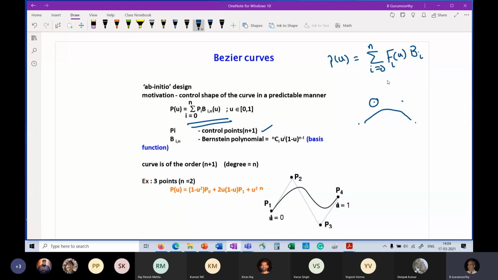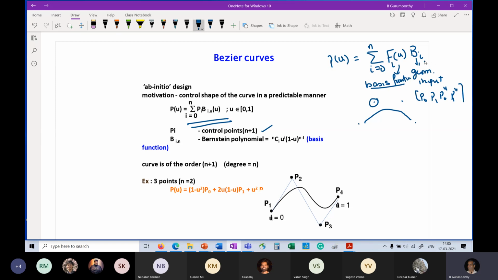The notation is slightly off, it's just out of habit, but these are the geometric inputs by the user. It consisted of, if you recall, the 2 endpoints and the 2 derivatives at the 2 endpoints. So these are geometric inputs, and these were nothing but some polynomial functions in U, which we call the basis function, right?